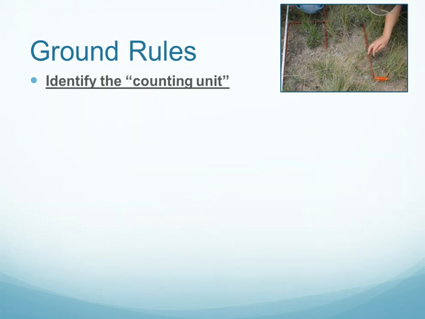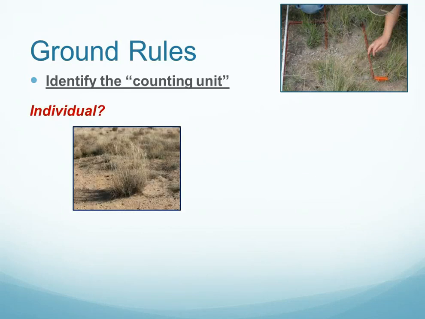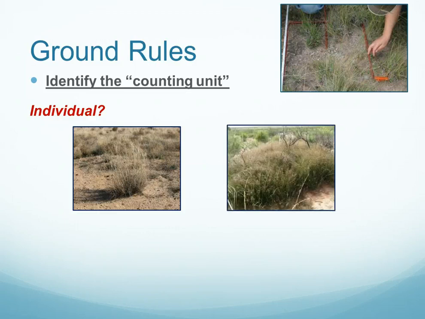For any type of measurement that we do, we need to clearly define ground rules. An important ground rule for counting methods is to identify the counting unit. Oftentimes we're interested in individuals, such as this individual bunch grass. In some cases, it's difficult to determine what is an individual.